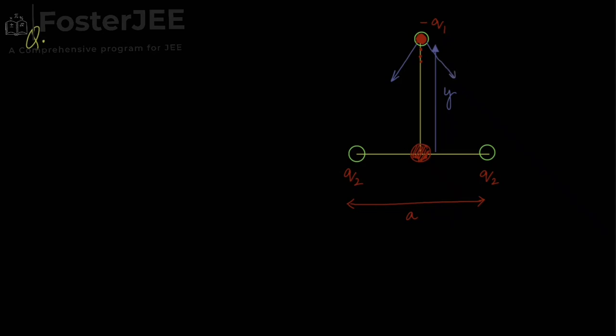Let's suppose this angle is theta, so this angle is also theta. So if the force is Fe, we will write 2Fe cos theta is equal to the net force, and that will produce mass into acceleration, and the acceleration would be m dv by dt.